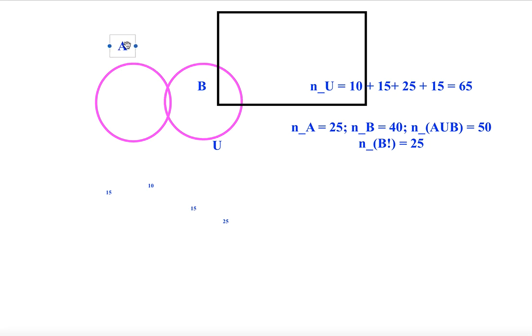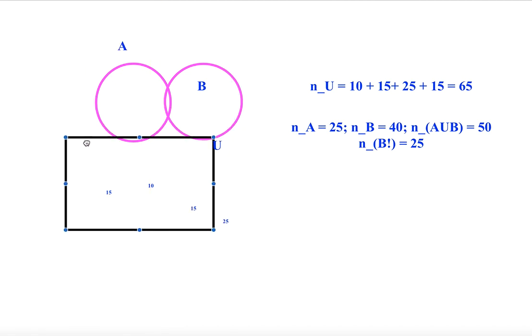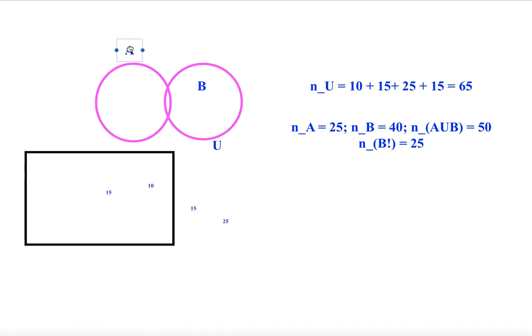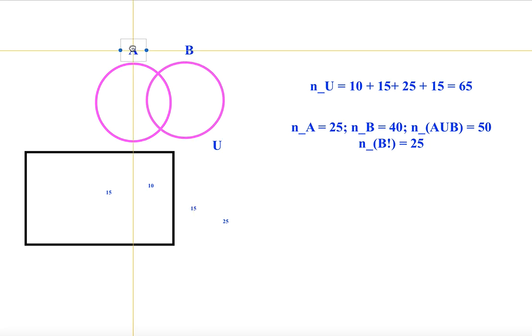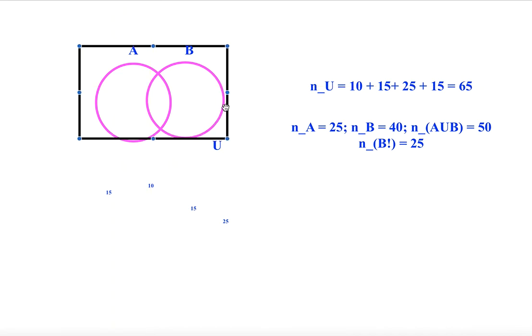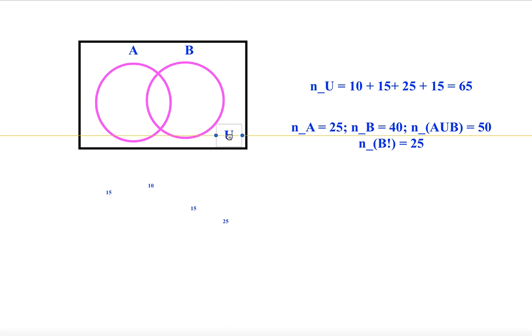Okay, A is this, B is this, intersection B you want. Okay, let's go here. Okay, A is this, B is this. Now this has to fit in the triangle, right? So this is U. Fine. Okay, now see the problem here.